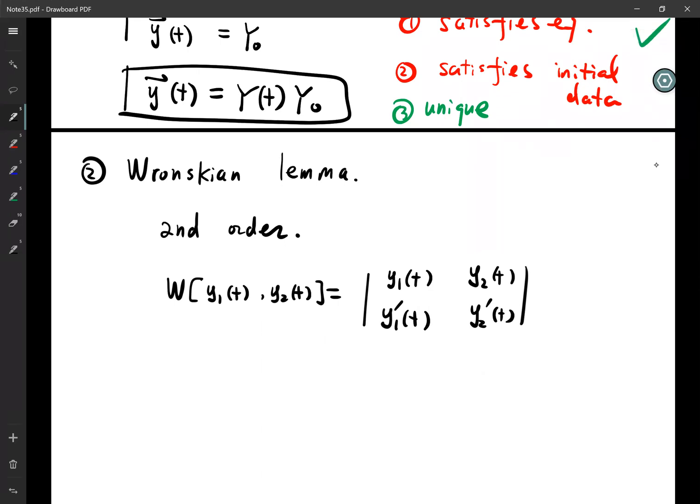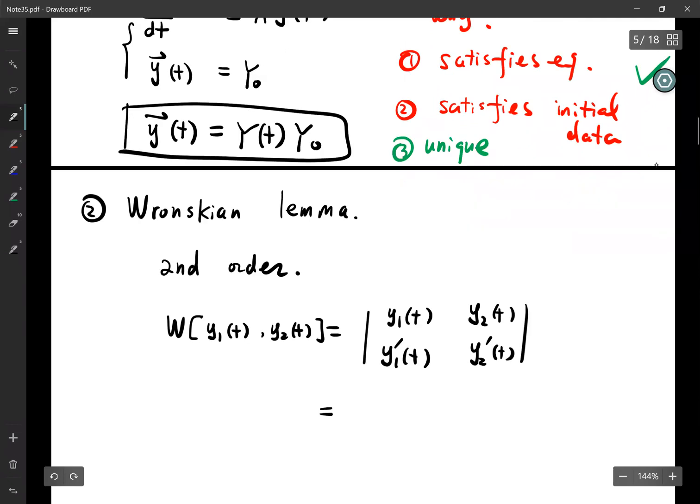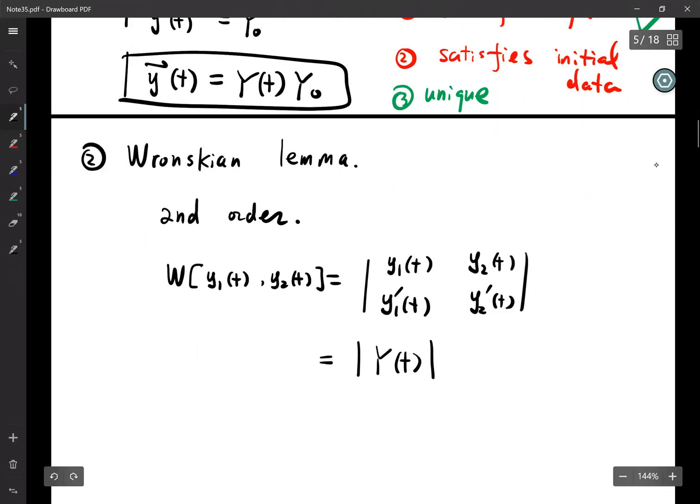So now you can see that this is nothing but saying, if y1 and y2 form a fundamental solution set, this is exactly the determinant of this capital Y(t). This is y1 vector t, this is y2 vector t.